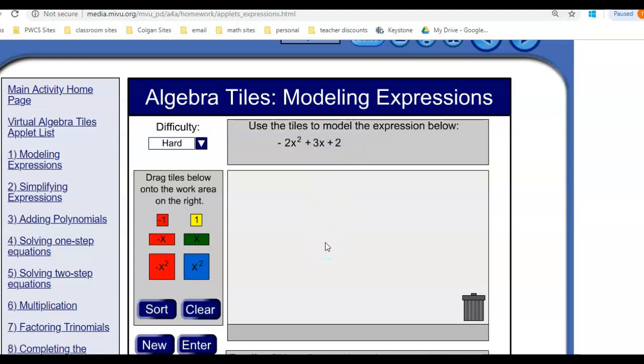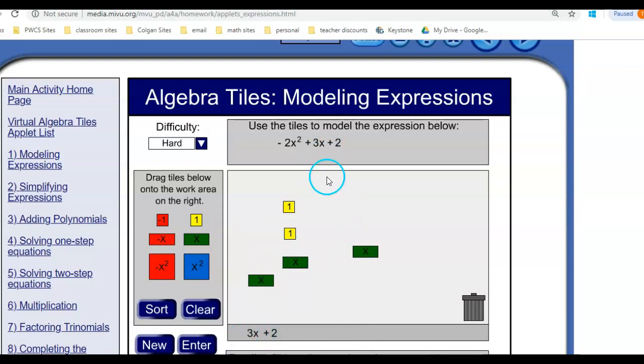Doesn't really matter how you put this together. If you want to start with that constant because you know that's 2 yellows or 2 positive ones, you could start there. If you know that this positive 3x would be 3 green rectangles or 3 of these x's, you could go ahead and put that up there.